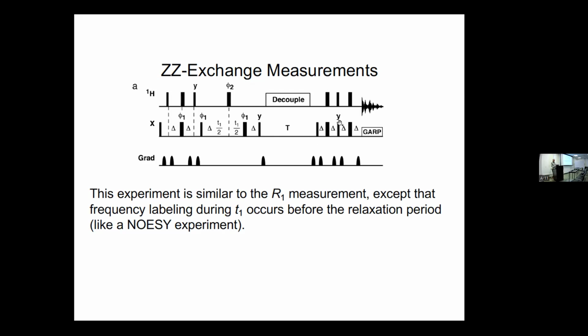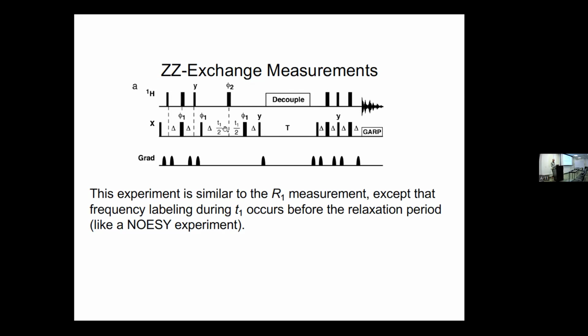We can't do the sensitivity enhancement because we can only put one component at a time onto the Z-axis. So this is just a normal HSQC at the end. And again, there's decoupling for the same reasons we talked about before.